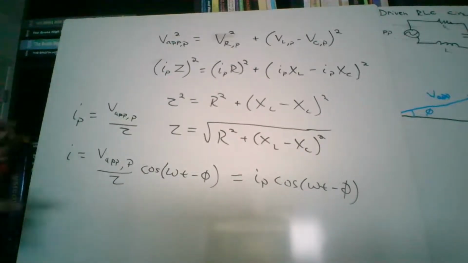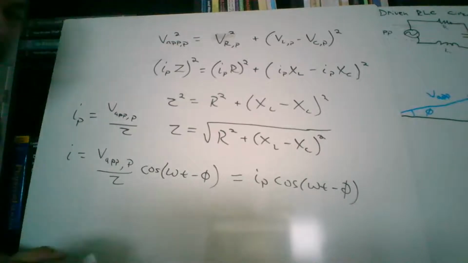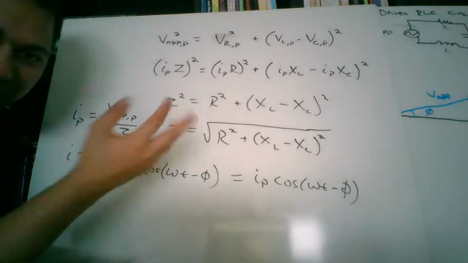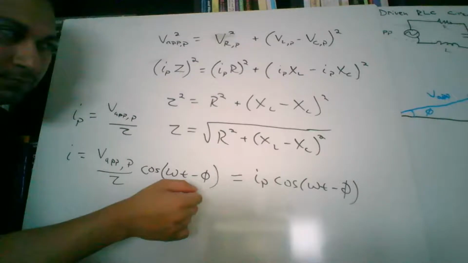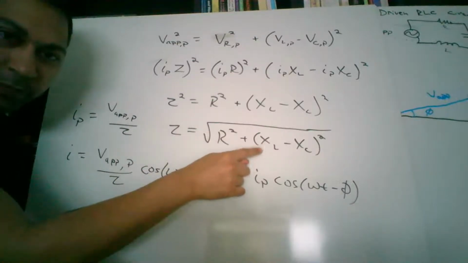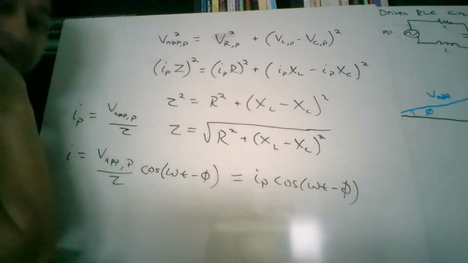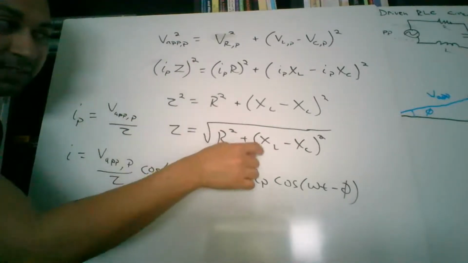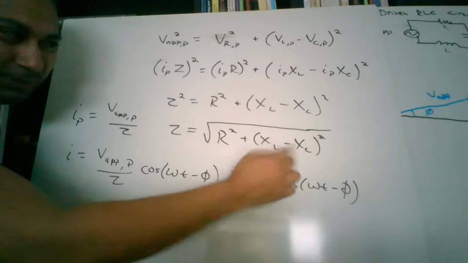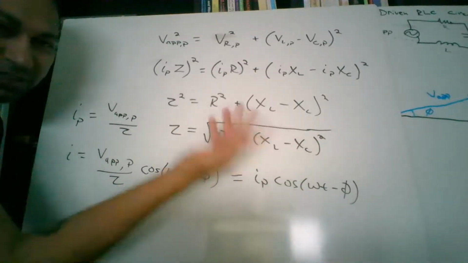Okay. Now, let's do some fun thinking here. What happens when this value, XL, is equal to XC? By the way, it doesn't really matter if it's XC minus XL, it's squared.